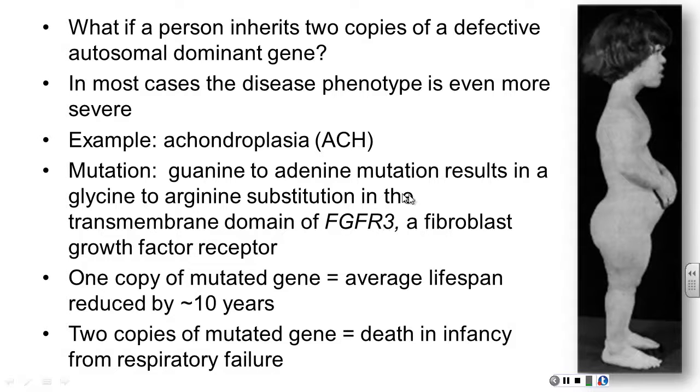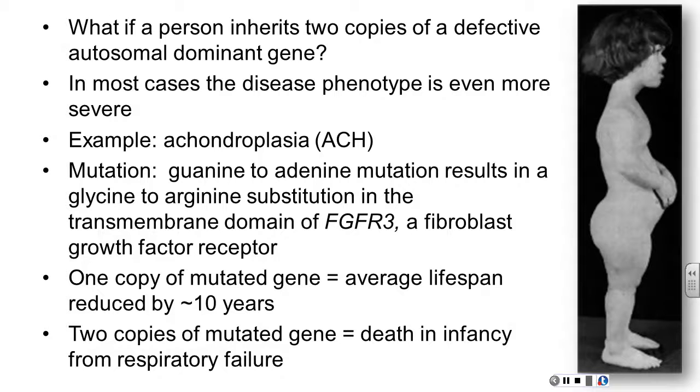This is a fibroblast growth factor receptor. So that's what the FGFR stands for. Okay? It's a very, very specific mutation that causes achondroplasia. And this is an autosomal dominant disease. That means you only need 1 copy of that particular gene to show the symptoms of the disease.